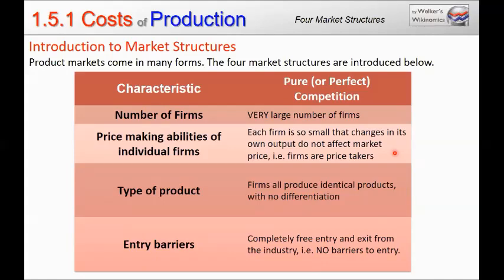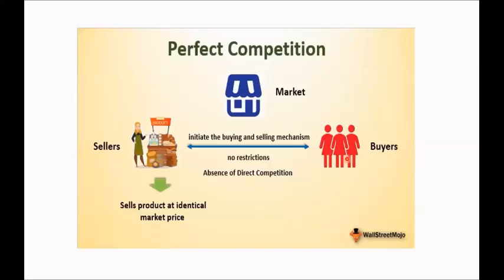So this is an explanation of perfect competition. It involves sellers, wherein the market is the mediator or agent between the sellers and the buyers. So the sellers and buyers are dealing in the market, wherein there is a buying and selling mechanism.